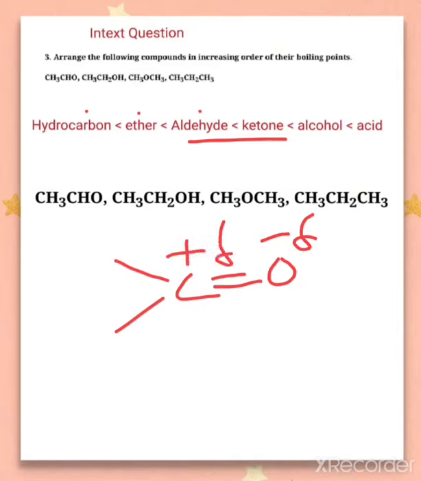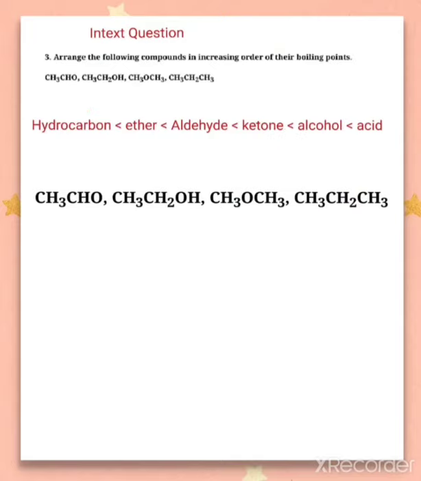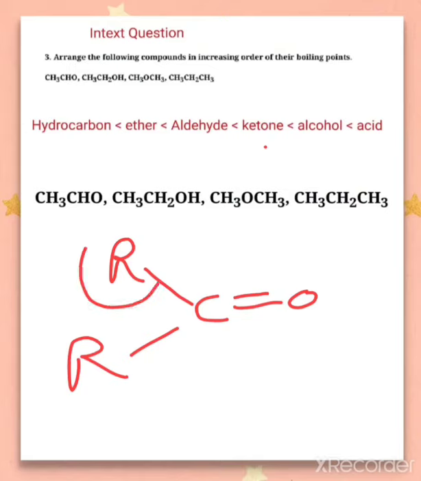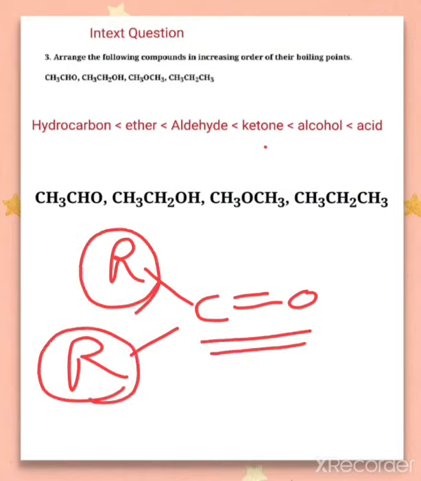Because of this, dipole-dipole interaction is possible. When you compare the dipole-dipole interaction in ketones, 2 alkyl groups are there. Because of the 2 electron-releasing groups, there will be more polarity of this bond.